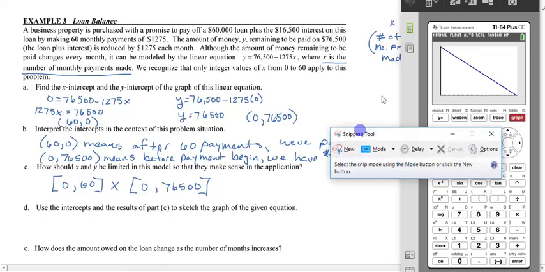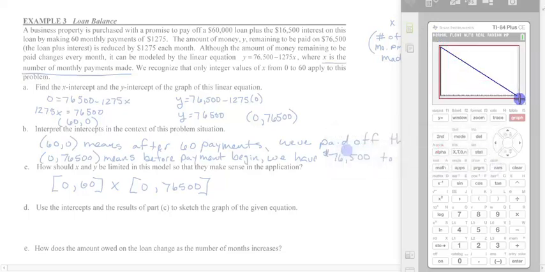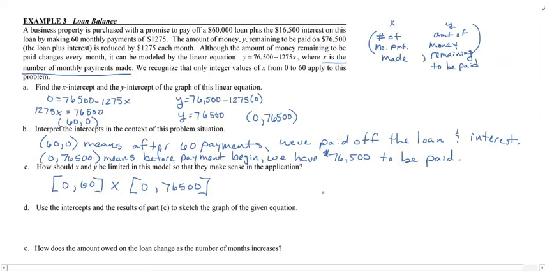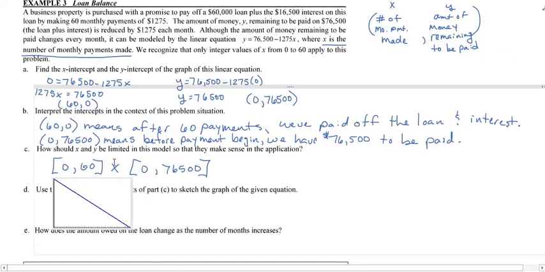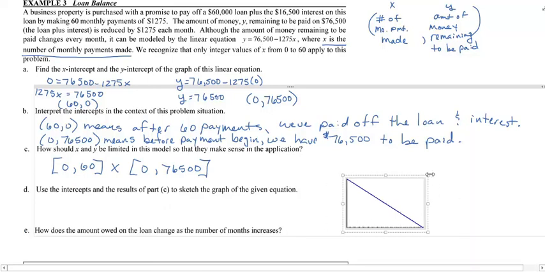So how does the amount owed on the loan change as the number of months increase? Well, hopefully, we hope that it's going to decrease. Okay. All right.